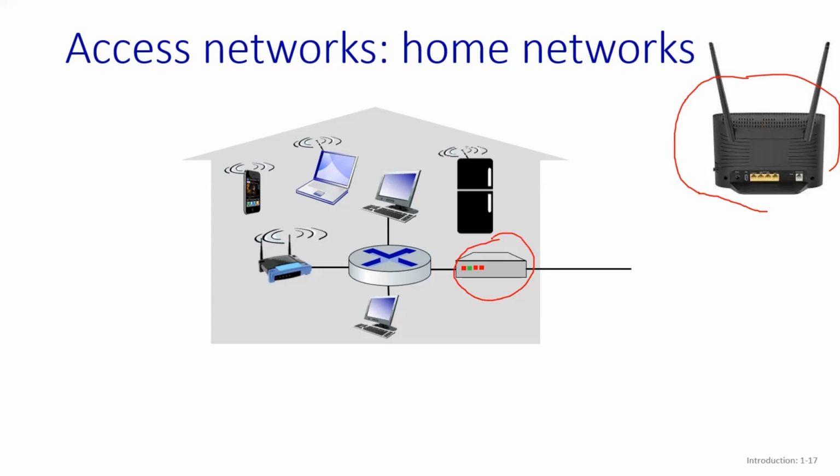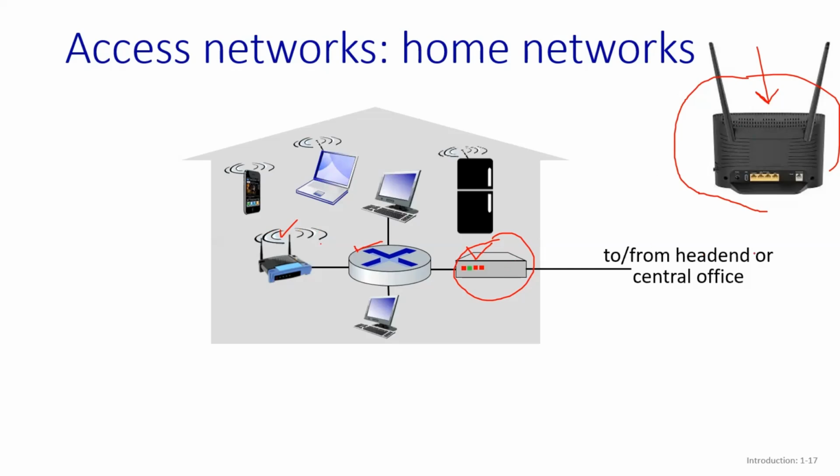Keep in mind, the routers which we have been talking about until now, one of those routers is present inside this DSL modem, which is present at your home. So it has the router as well as the access point. All of these three things are present inside one single box, in this case your DSL modem.